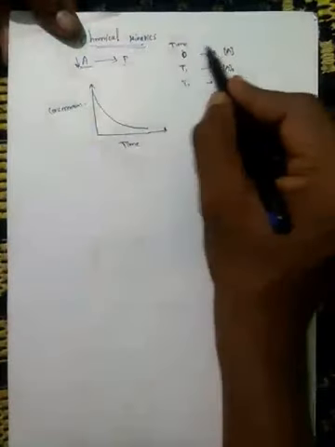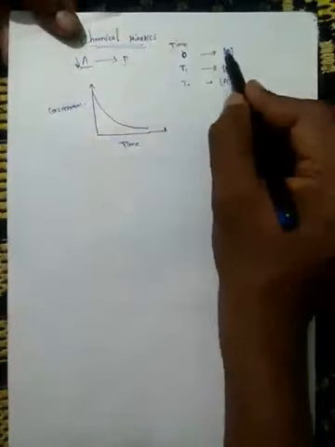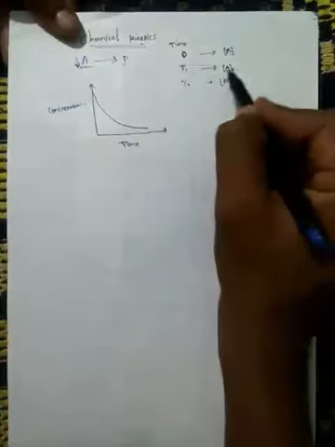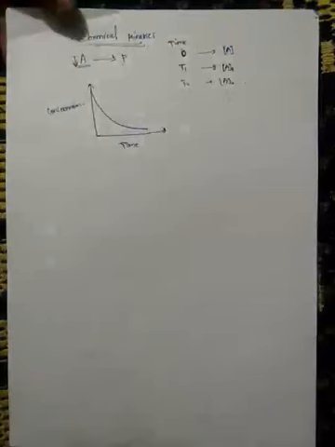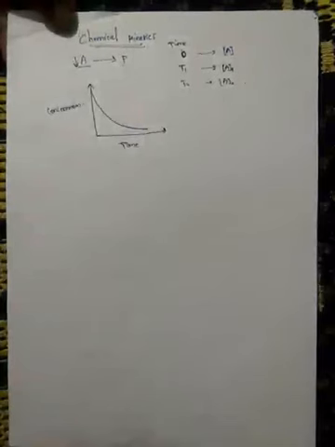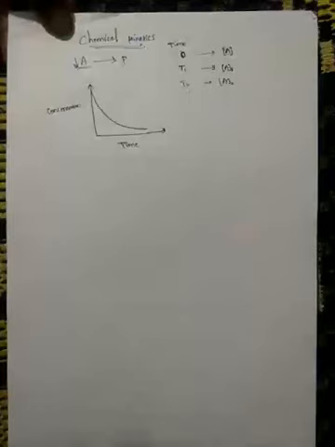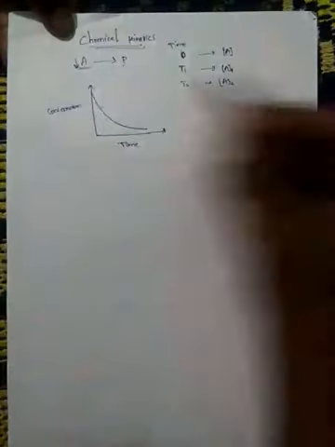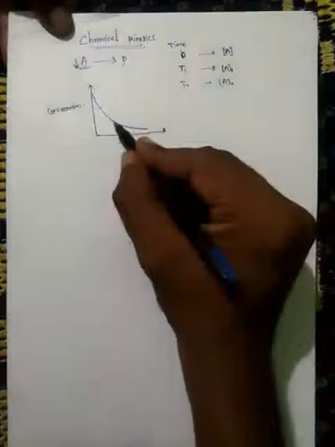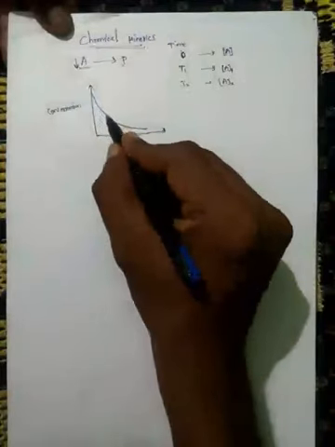At the beginning, the initial concentration is A, and then at various times the concentration is measured by any one method, maybe volumetric, or you can use spectroscopic, UV spectroscopy. So at various times the concentration of the reactant is measured, and then it is plotted, and you will have a curve of this kind.